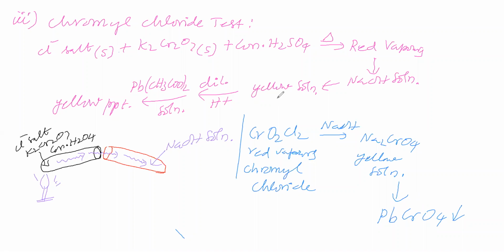Why neutralize the excess sodium hydroxide? To neutralize it we add dilute acid. If we do not neutralize, the lead will take the hydroxide and become lead hydroxide, Pb(OH)2, precipitate.